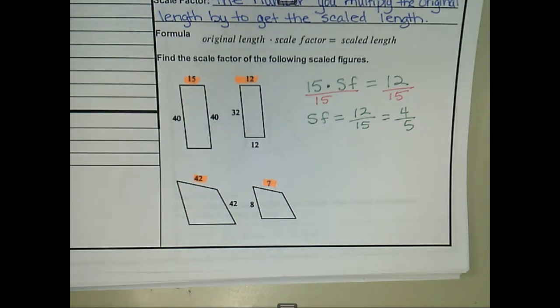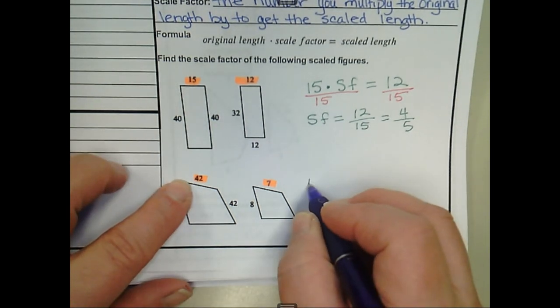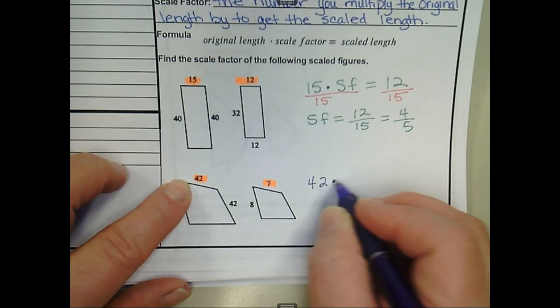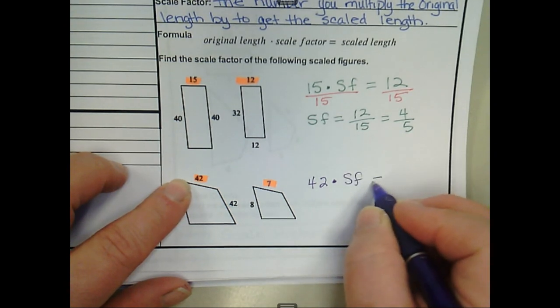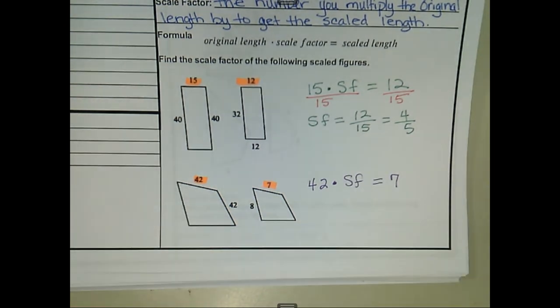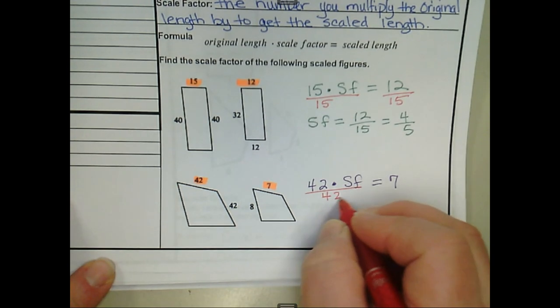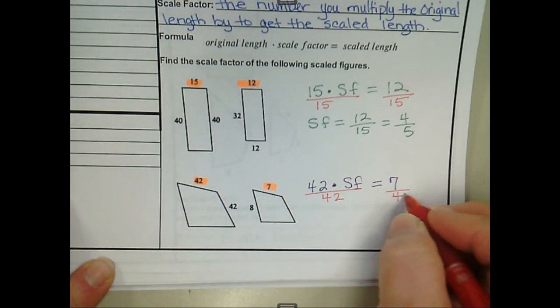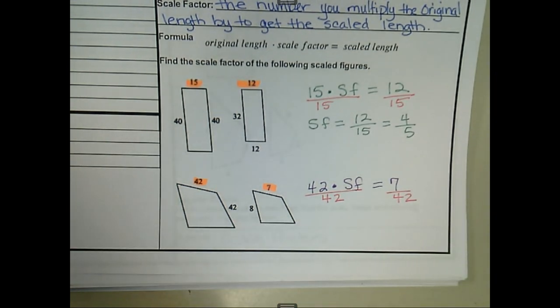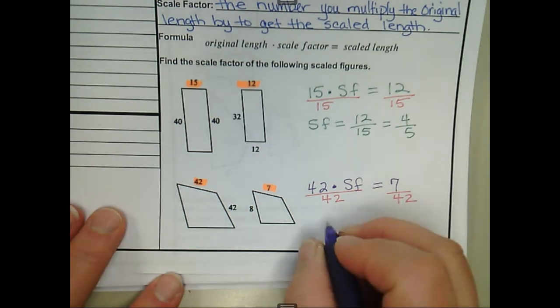So I use my formula. 42 times my scale factor will give me 7. Use my algebra to simplify. Divide both sides by 42. I have my scale factor.